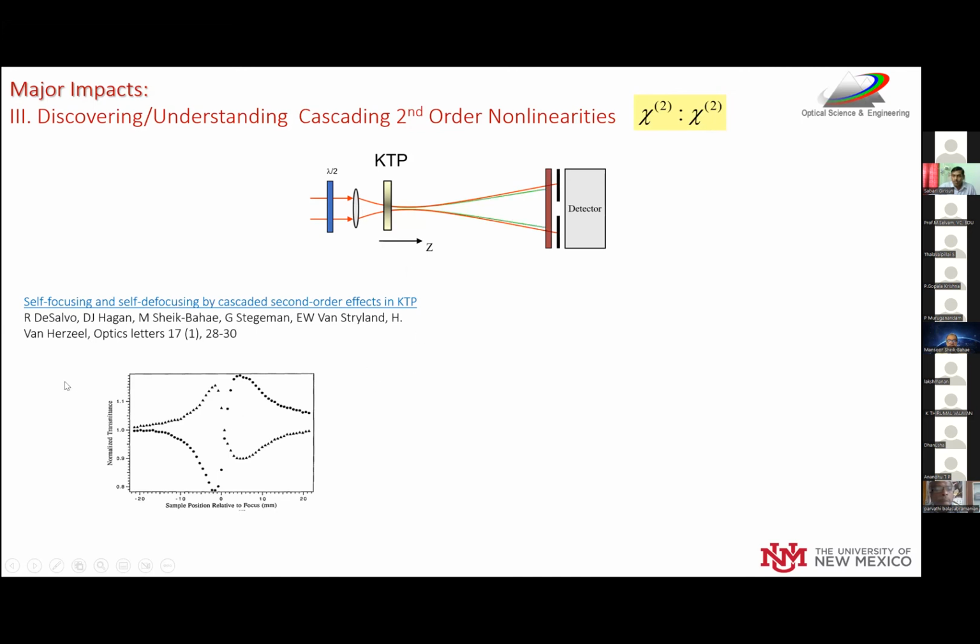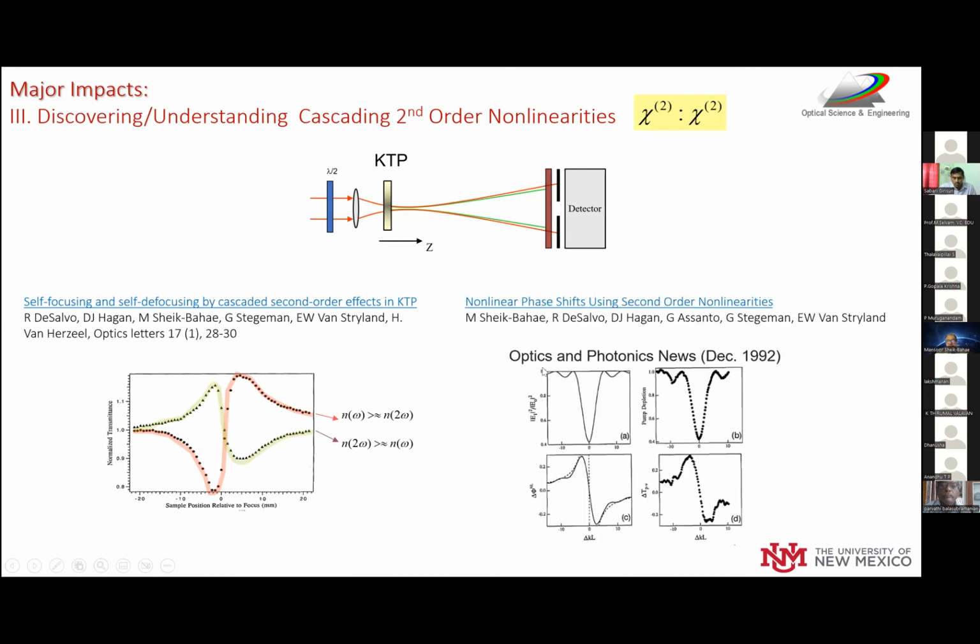We found that depending on the phase matching angle, when n of omega was larger than n of 2 omega, the second harmonic, you would have a positive nonlinearity. This is, by the way, in normal dispersion. And if you switch it and tilt the crystal, or however you change the phase matching, you can switch the sign of the nonlinearity. That led us to an understanding which fits a very simple model of coupled amplitude equations.